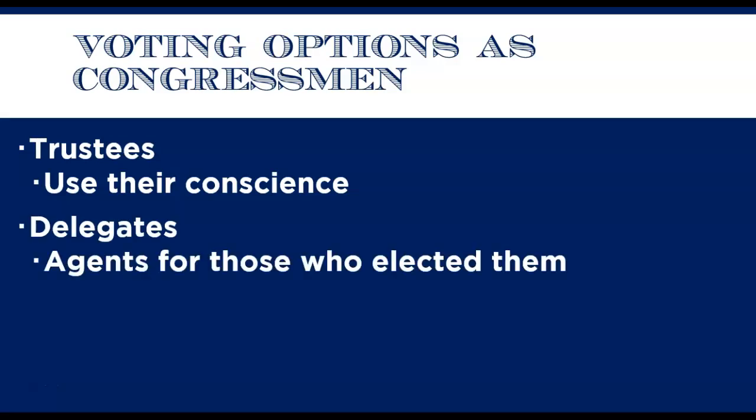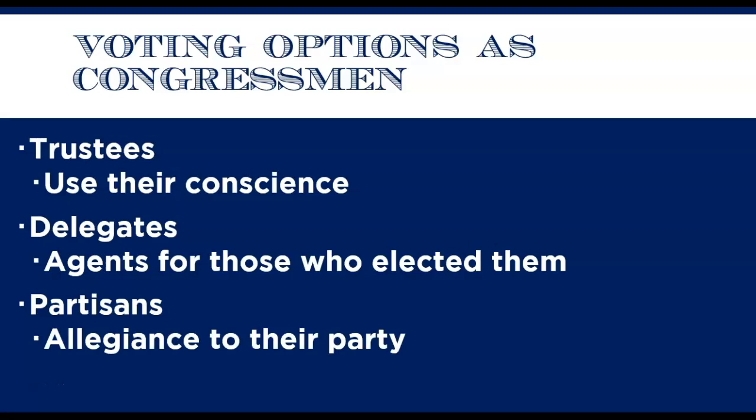You have delegates. These are agents for those who elected them. They're going to vote in the best interest of their constituents. They're going to do what they feel is wanted by the people who have to vote for them next term, trying to please their constituents so they can be voted back into office. Then you have partisans. These are people who are completely allegiant to their party.